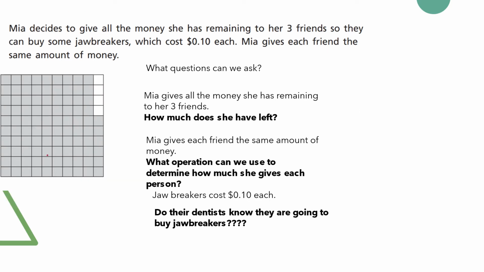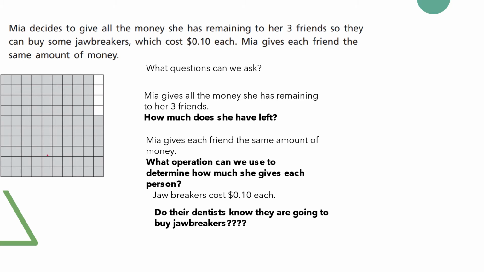Mia decides to give all the money she has remaining to her 3 friends so they can buy some jawbreakers, which cost 10 cents each. Mia gives each friend the same amount of money. What questions can we ask? Mia gives all the money she has remaining to her 3 friends. Well, how much does she have left? That's what remaining means.